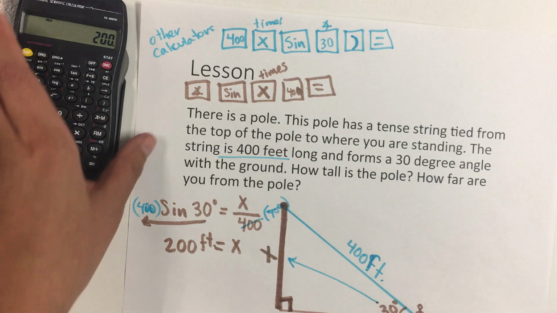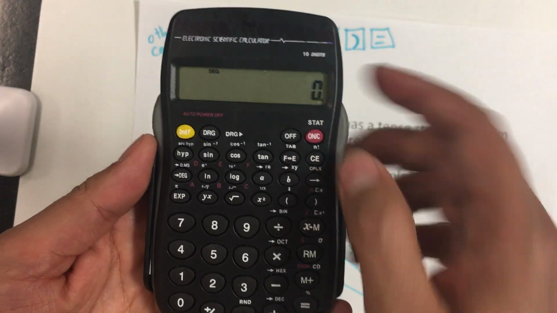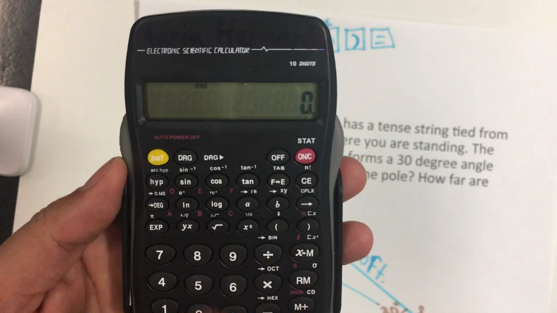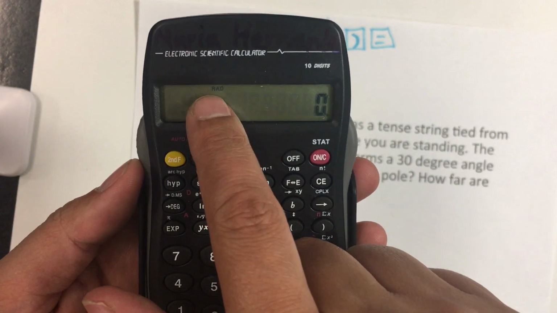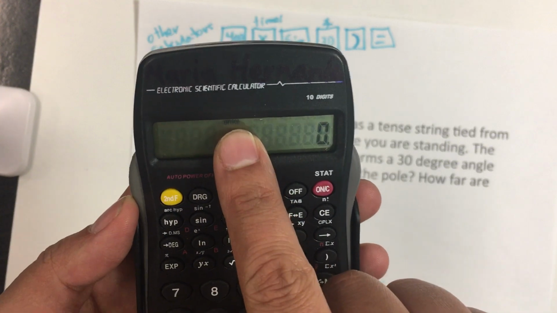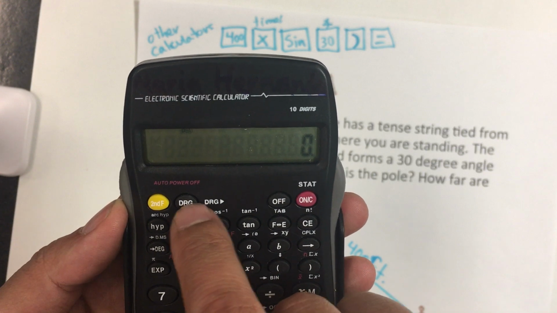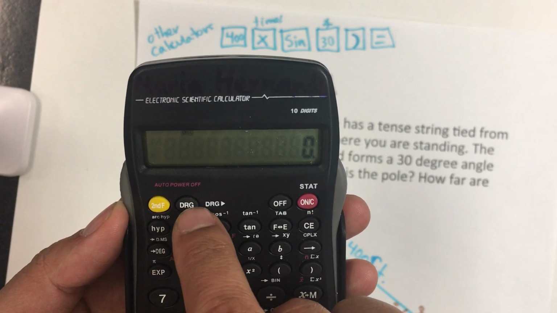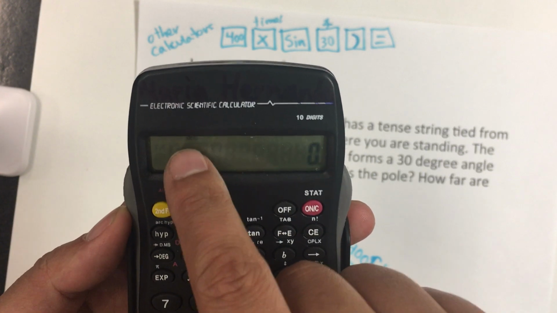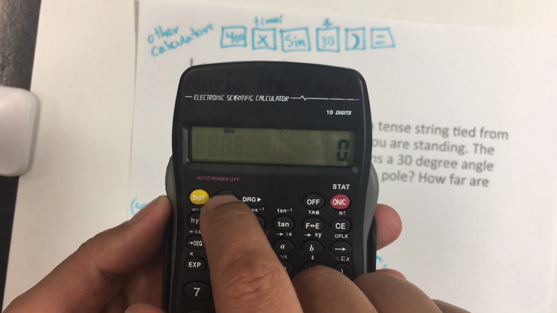One other thing that you need to look in the calculators, let me see if you can see it there. Sometimes you're not going to get the answer, but it's because it says rad in here, or sometimes it says grad, okay? But it needs to be in degree, so make sure that you look for that button that says DRG, degree, and then it should say degree in there so that you're using it in the right mode.